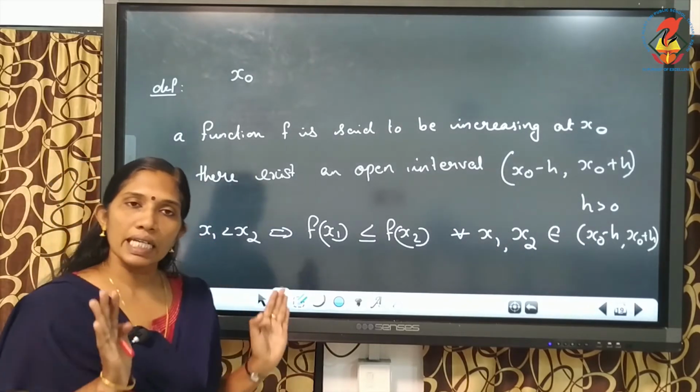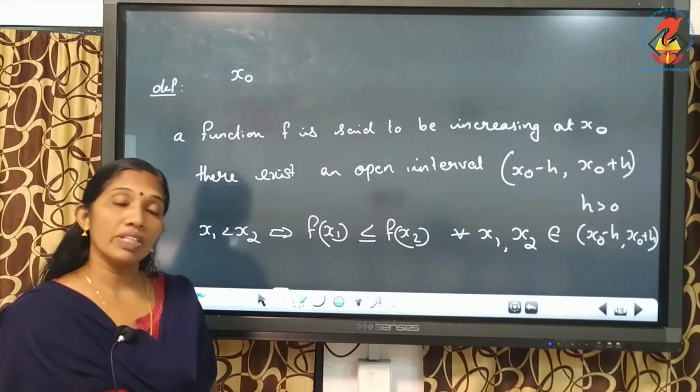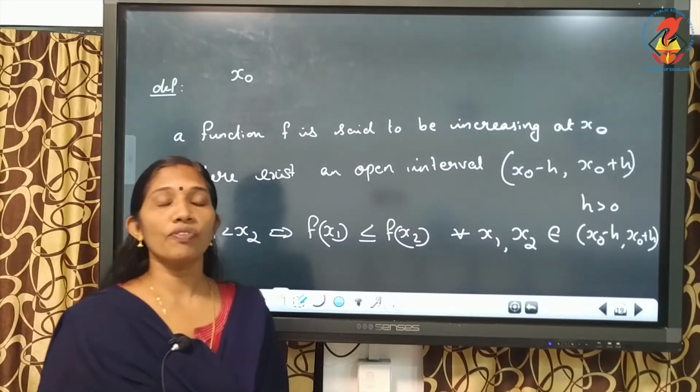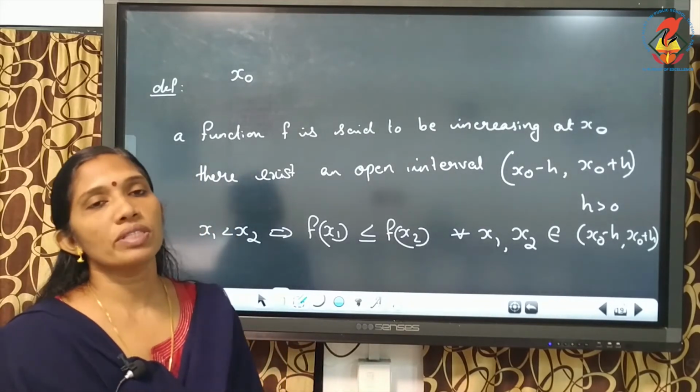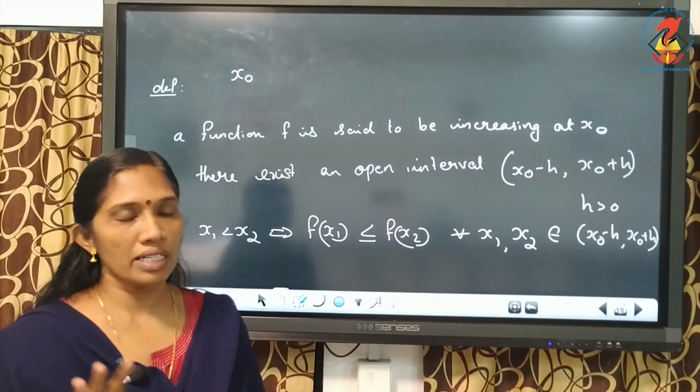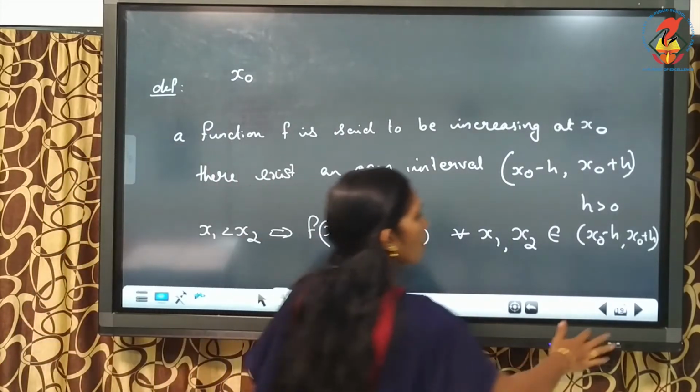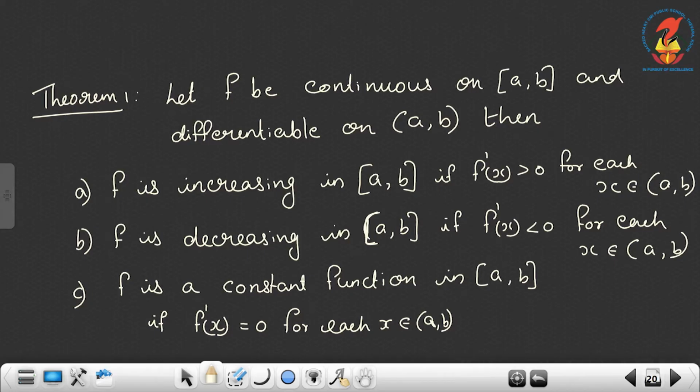So, these are the general definitions, but what we are studying here is the application of derivatives, where we use the derivative for finding increasing or decreasing functions. So, there is a theorem, theorem number 1. The theorem states like this: let f be continuous on closed interval ab and differentiable on open interval ab.